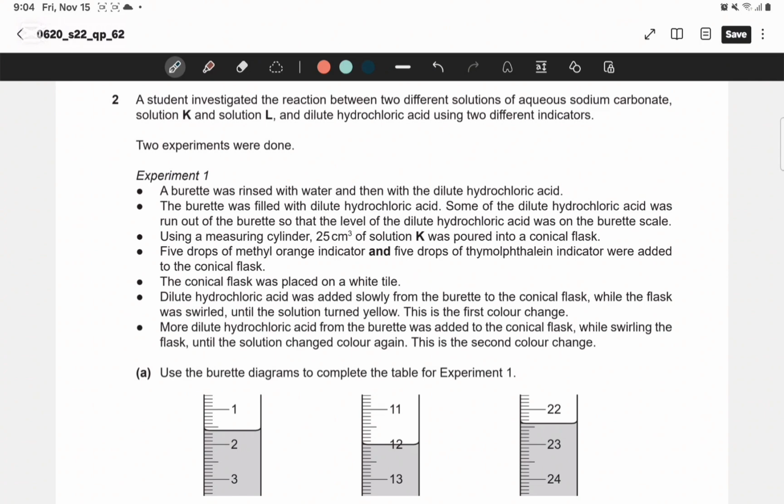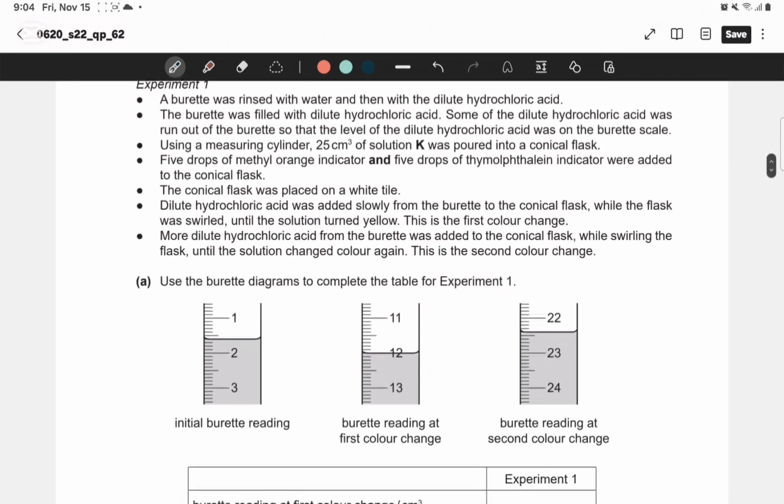Some of the acid was run out of the burette, so the level was on the burette scale. Using a measuring cylinder, 25 cm³ of solution K was poured into a conical flask. 5 drops of methyl orange indicator and 5 drops of bromothymol blue indicator were added to the flask. The conical flask was placed on a white tile.